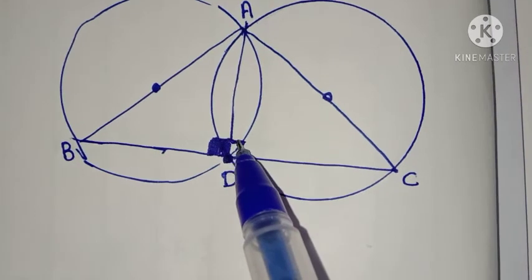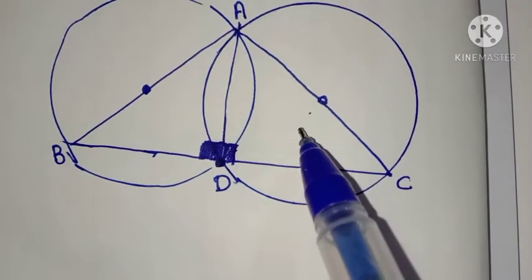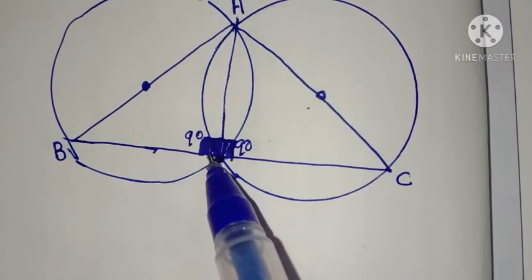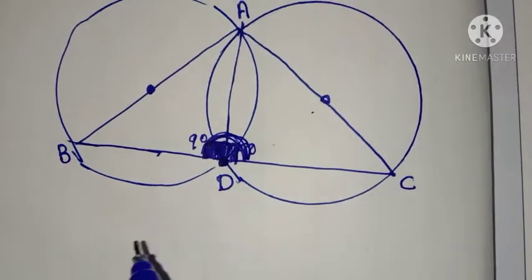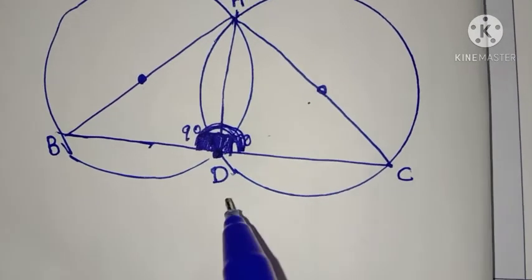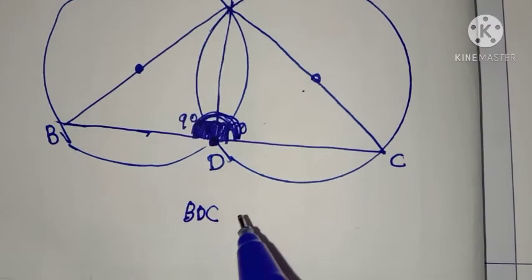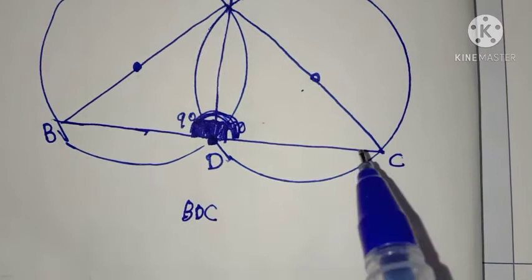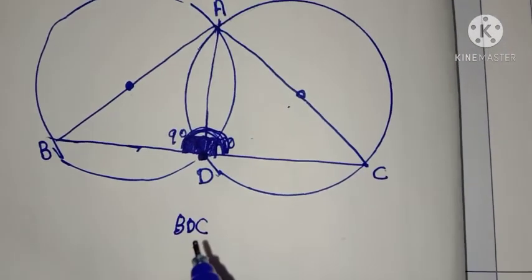ADC is the angle in this semicircle. So the angle in the semicircle is 90. So these two angles are 90, which means this angle is 90 plus 90, 180. So 180 means BDC is a straight angle or BDC is a straight line. That is, the point D lies on the third side BC of the triangle ABC.